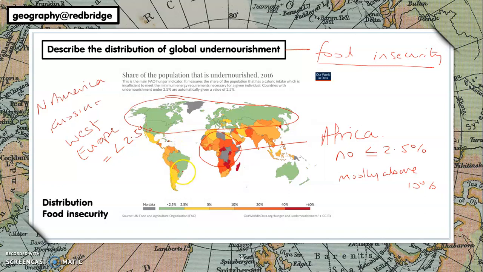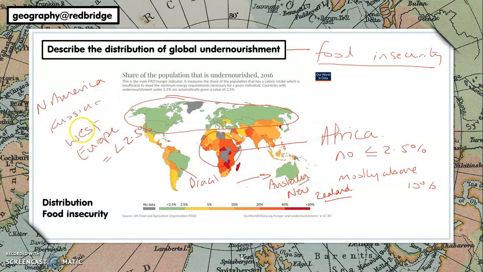So here you've got Brazil and Paraguay. Focus on Brazil. And here, you've obviously got Australia and New Zealand. So most of the countries with below 2.5% undernutrition are found in the northern part of the world, or northern hemisphere, but typically Canada and USA and northern and western Europe. The anomalies here are Brazil and Australia and New Zealand.